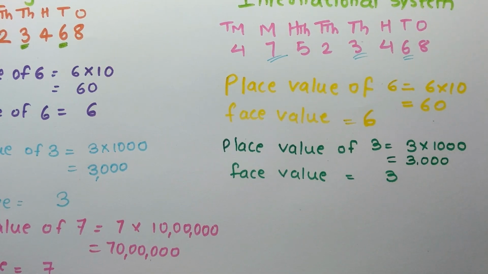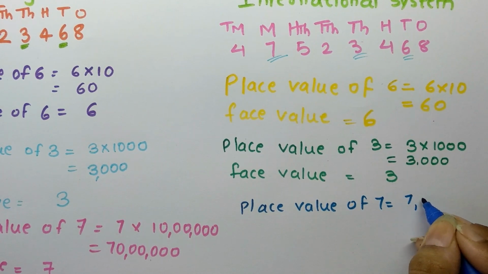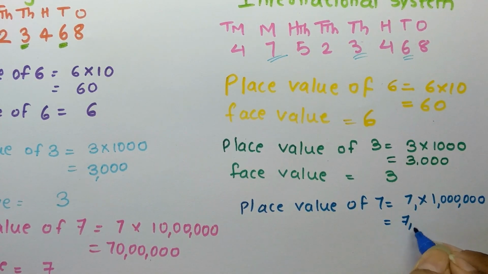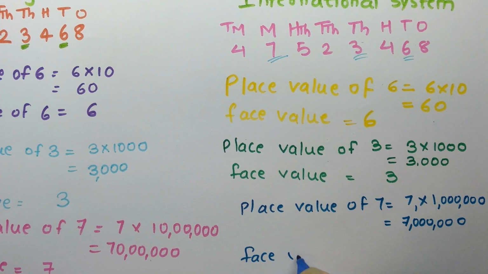Now, only for 7, the place value will be called 7 million. In the Indian system, we had it as 70 lakh, but here we will have it as 7 million. The way I have represented using commas will be different for the Indian and international systems. And the face value of 7 will remain 7.